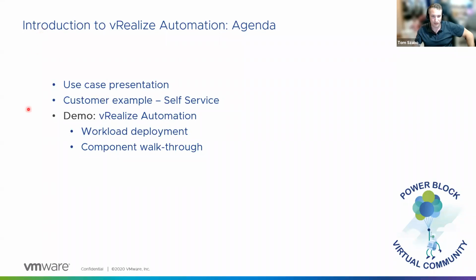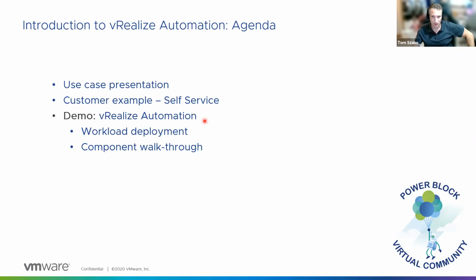Just a couple of slides to level set and talk through some use cases, and then jump into an environment and take a look at what we were just talking about. Here's a rough agenda. I'm going to talk through what vRealize Automation is, use cases associated with it, and an actual customer example, a customer I was working with over the past year who was moving to a self-service model for their IT services.